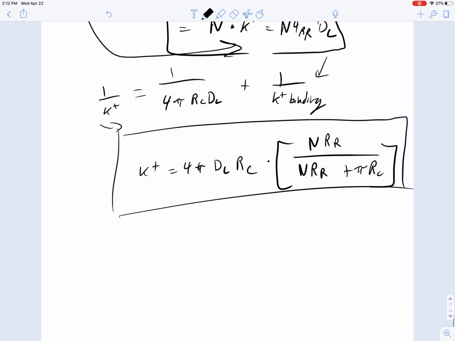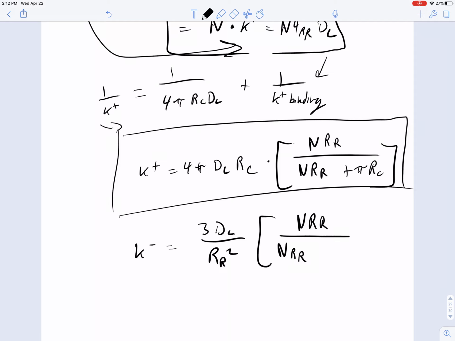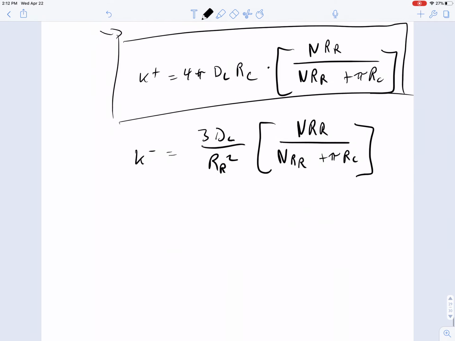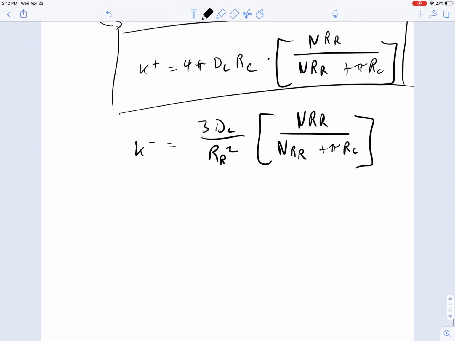We can also derive a limit: k minus is equal to 3 D_L over R_R squared, for the release, times N R_R divided by N R_R plus pi R_C. Now if we recall, k plus max occurs when N tends to infinity.